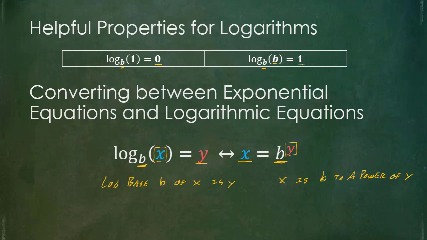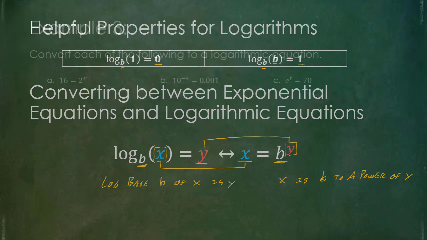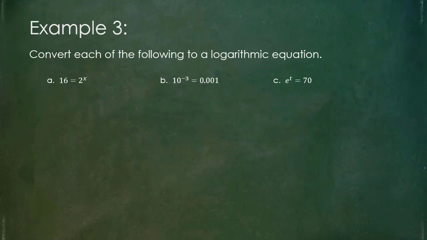Hopefully you can see how these things interact, where the x that was inside turns into an x by itself, and the y, or the number that it was equal to, will turn into the y that would be inside. Once those two key things as far as their location is concerned get solidified, it becomes a lot easier to do these conversions. And that'll be what the next examples work through, showing you how this conversion forwards and backwards really works.